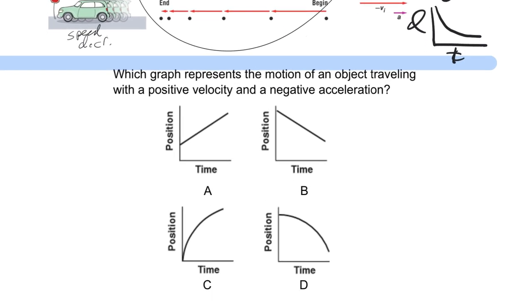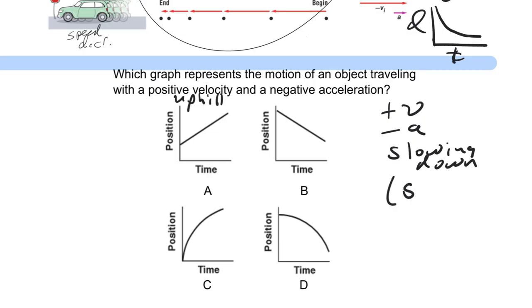Which graph represents the motion of an object moving with positive velocity and negative acceleration? Positive velocity means uphill. Negative acceleration means, okay, if you have positive velocity, negative acceleration means opposite, it's slowing down. So that means the slope gets flatter, less steep.